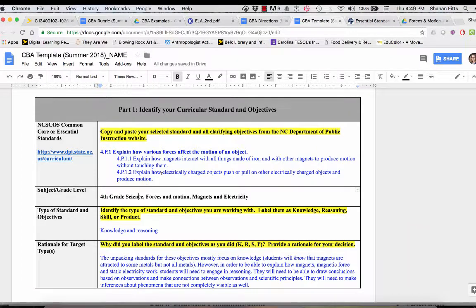As already stated in the previous video, you're going to go ahead and put the standard and then the clarifying objectives here.